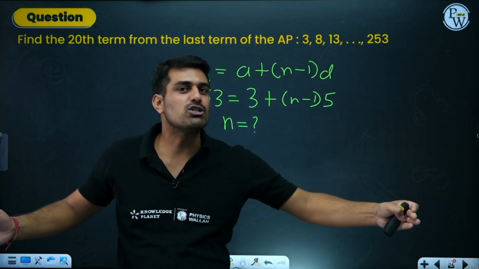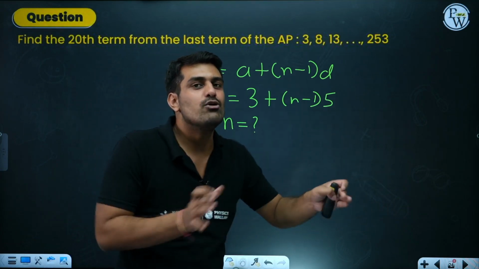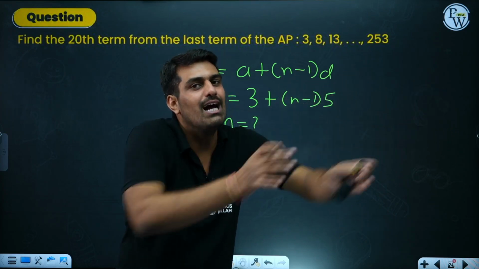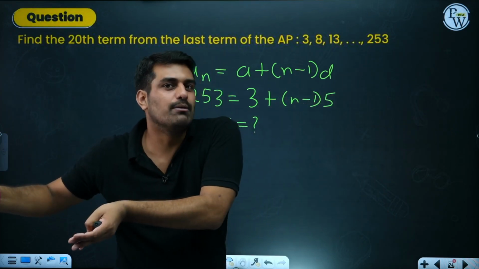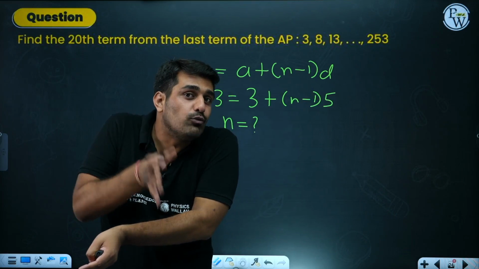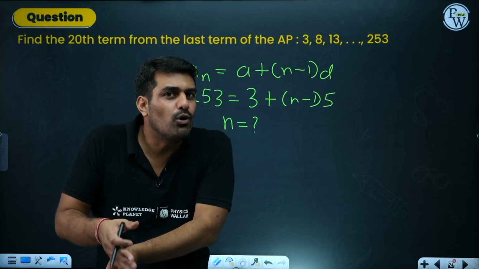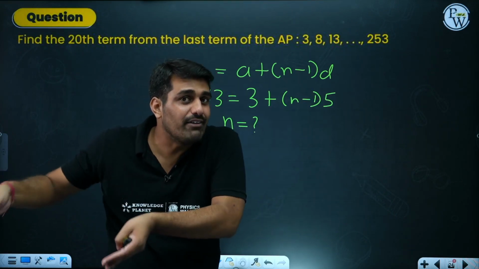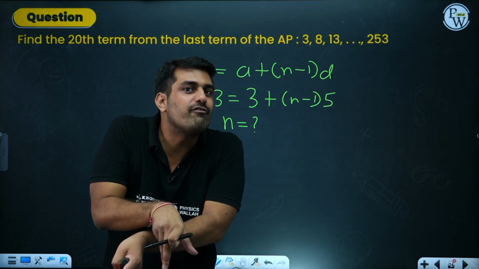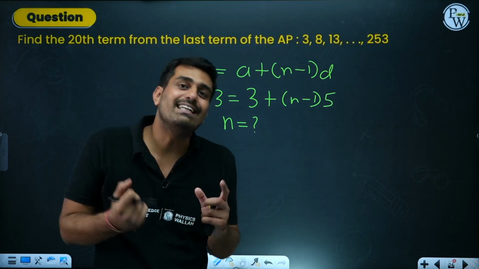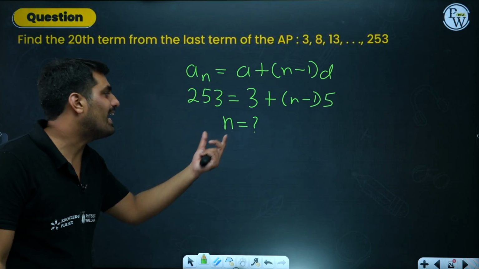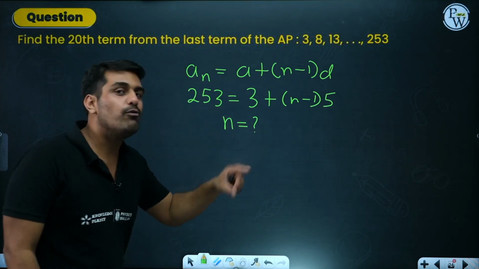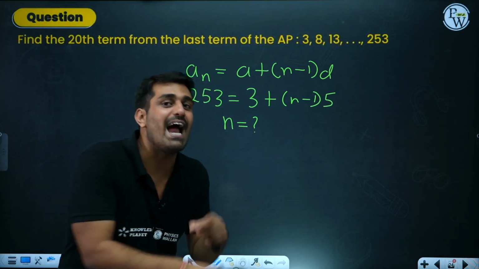So if this many books were there, 1, 2, 3, 4 like this, you have taken out 20 books out of it. Now, ahead of the 20, these are the books. You need to find which was the 20th book from the last. So after this, whatever is left, the next book, what you have removed, will be your 20th book. And this is how you'll be working. You'll be subtracting 20 from this, and whatever you get, you add 1 to it and find that term.